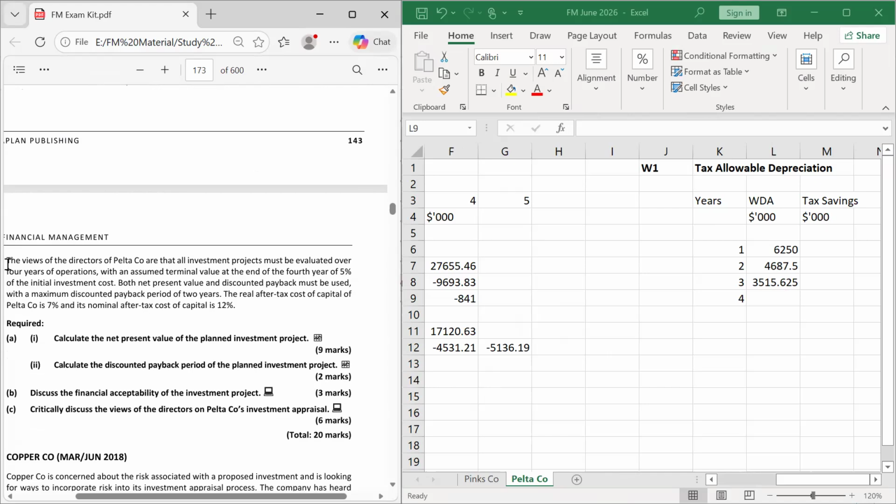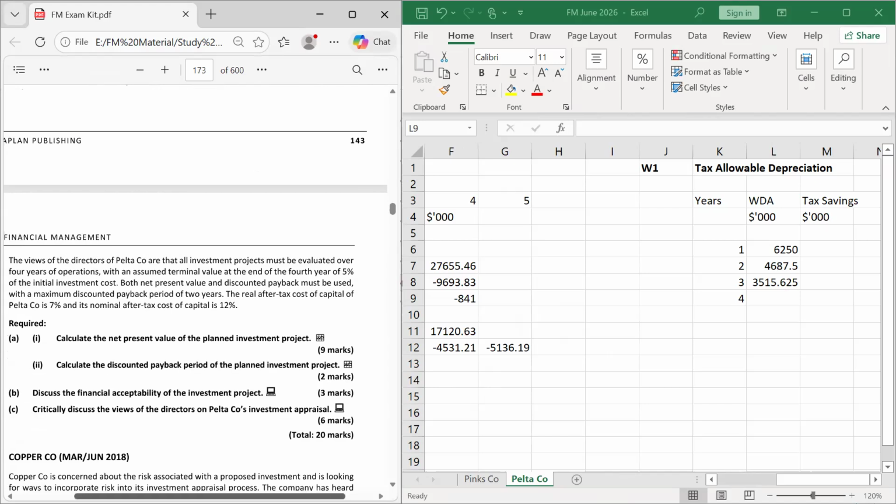But here it's clearly mentioned that the view of the directors is that the project must be evaluated over four years of operation with an assumed terminal value at the end of the fourth year of 5%. So there's a scrap value of the project as well, that is 5%, and we have to make a decision on the basis of the data that is given to us for the four years.